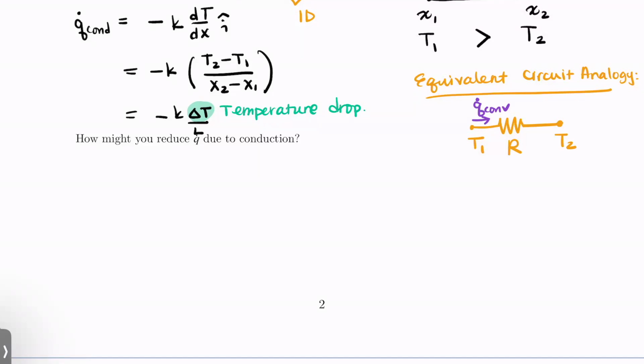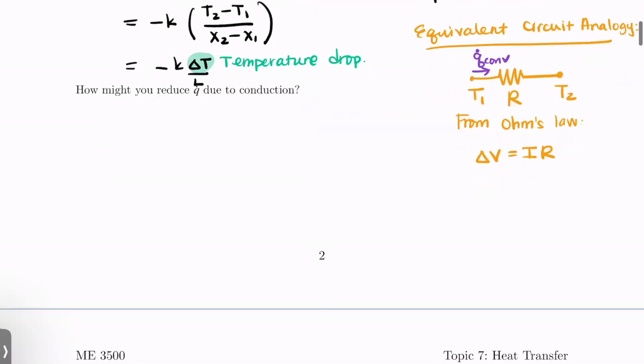From Ohm's law, the change in voltage is equal to the current times the resistance, which in analogy to heat transfer is our change in temperature equal to Q dot times R, where R is L over K. Okay. I'm not going to use the circuit analogy that much. So there it is.